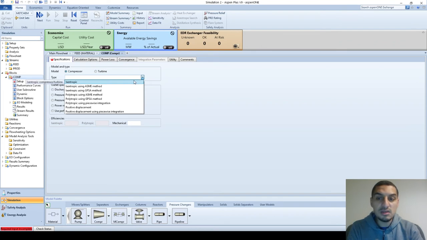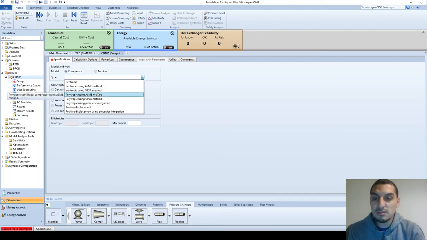So you can either choose to have it as an isentropic compressor. You can use isentropic compressor using ASME method or using GPSA method. They're just methods for calculation of the pressures and temperatures and all the physical properties through the compressor. It's mainly about the relation between the inlet and the exit pressures and temperatures, and from this you can find all the other physical properties.